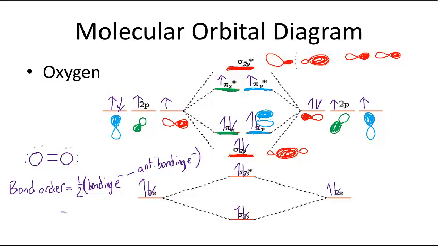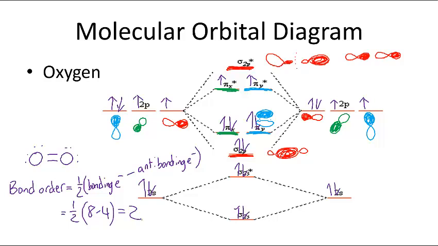So in this case, the bond order is 1/2 times 8 minus 4, which is 2. So the Lewis structure and the molecular orbital diagram both explain that oxygen has a double bond.